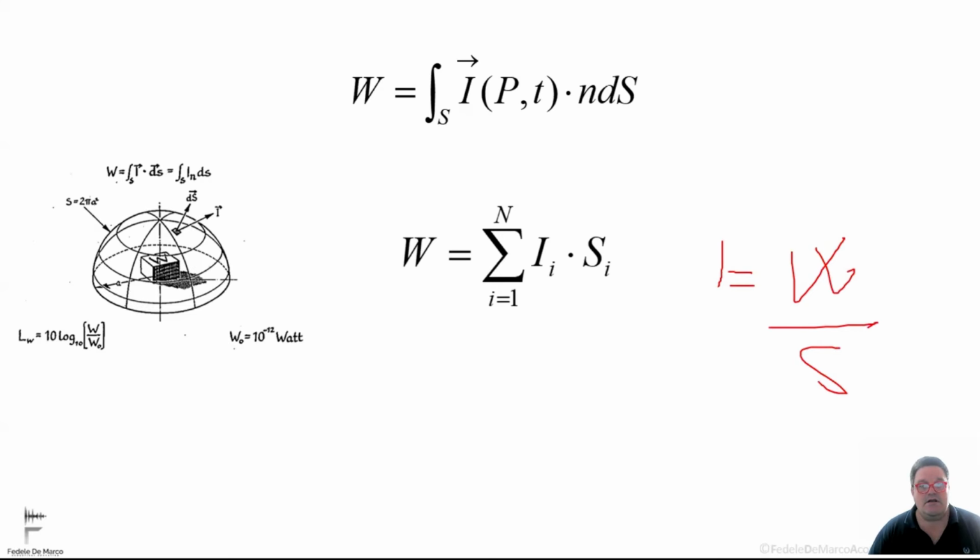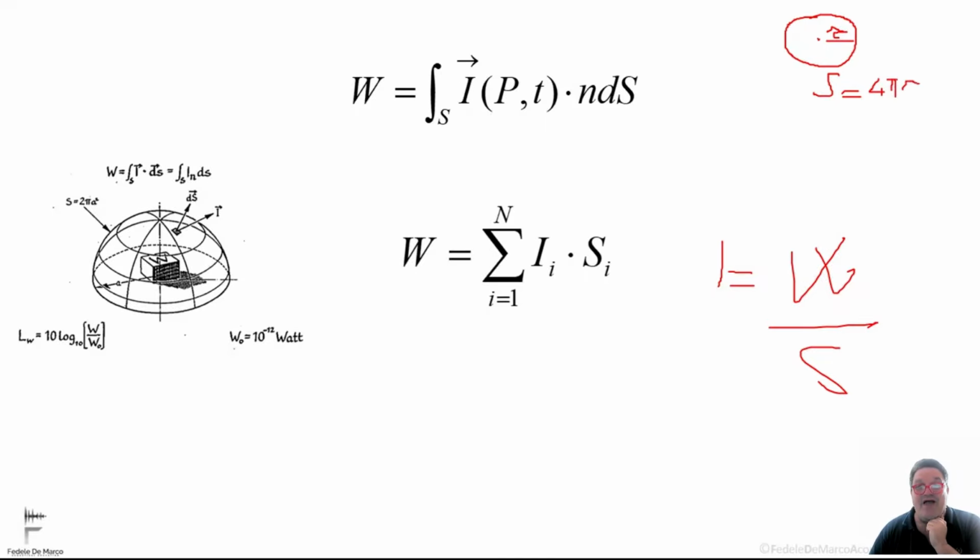So if we take the example of the theoretical point source, we have the point source with the array that I consider for my surface. The surface is equal to 4πr², right?